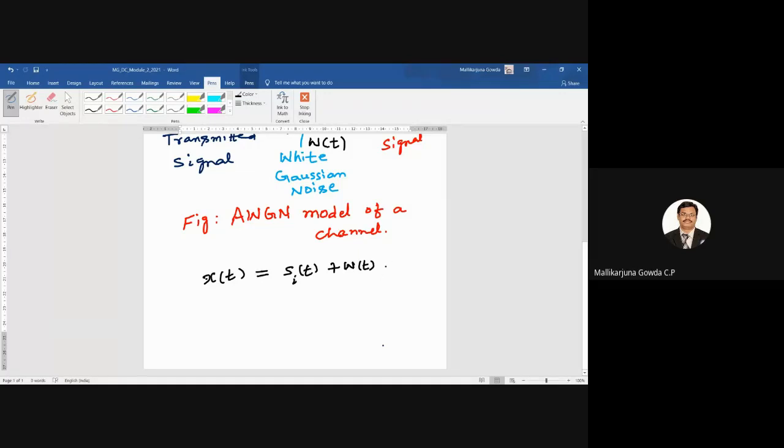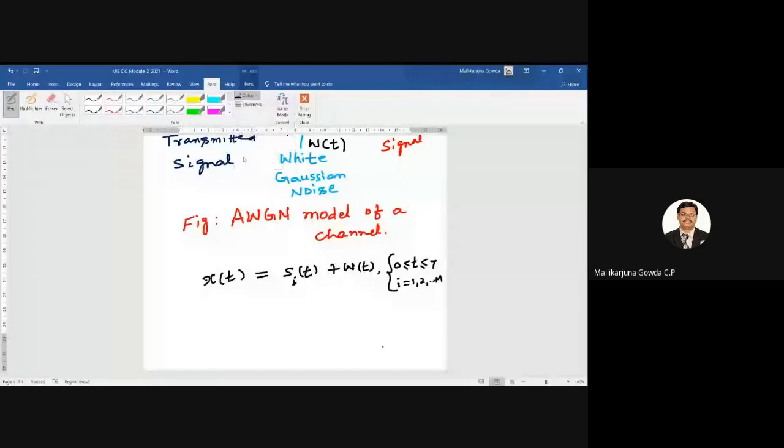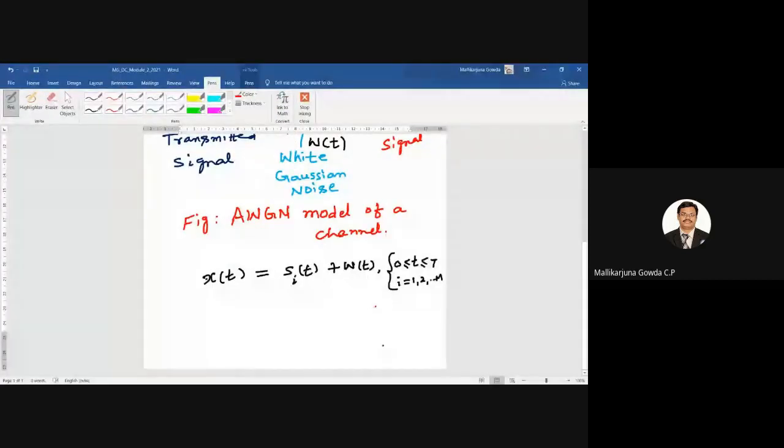And this exists over the interval 0 to T. So let me write that interval also: x of t exists over the interval 0 to T, and the value of i can vary from 1 to M. So this is my equation 1.